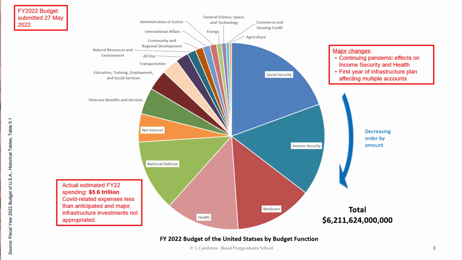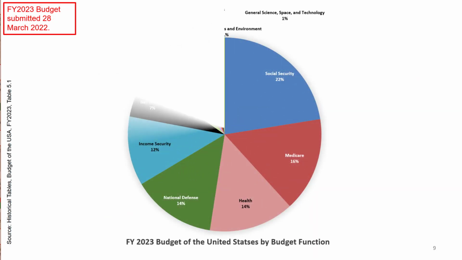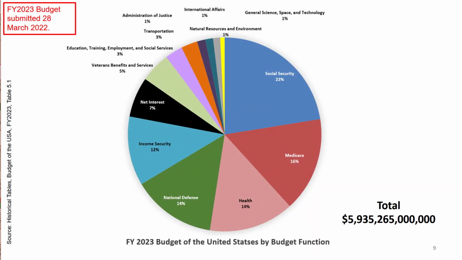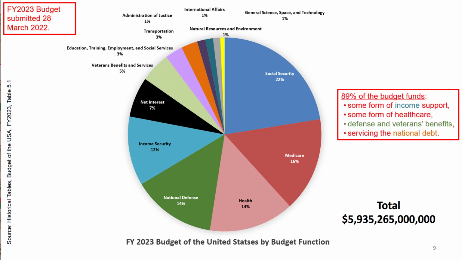Estimated actual spending for fiscal year 22 is much lower than what was budgeted because COVID expenses were less than anticipated and the major infrastructure investments were not appropriated. The fiscal year 23 budget is largely a return to the pre-pandemic normal. Totals about $5.9 trillion. 89% of the budget is in the big four categories: income support, healthcare, defense and veterans, and servicing the national debt.